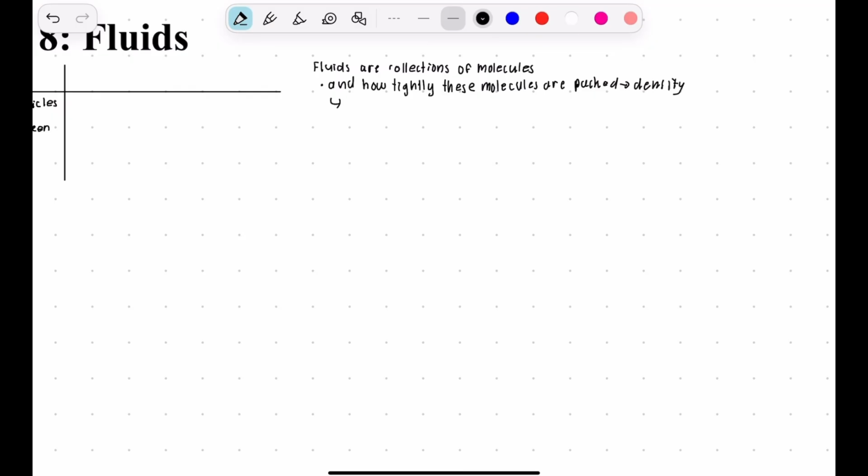In turn, this controls how these fluids behave, which includes buoyancy, pressure, equilibrium, and forces.